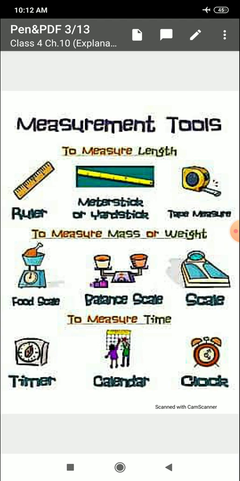After that, you can see the various tools of measurement. Tools, or you can say instruments. And these tools, children, you can observe that we use in our daily life. First is the tools to measure length.